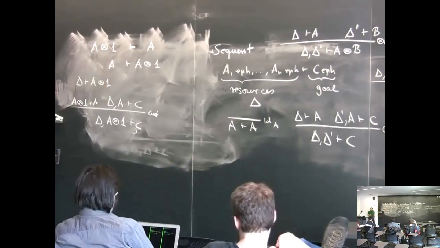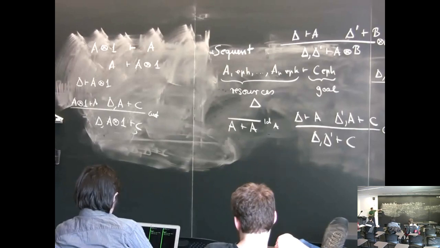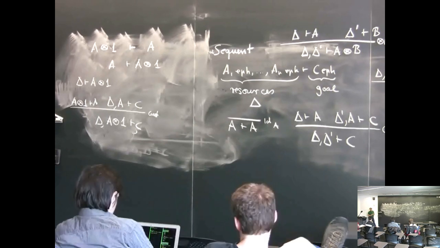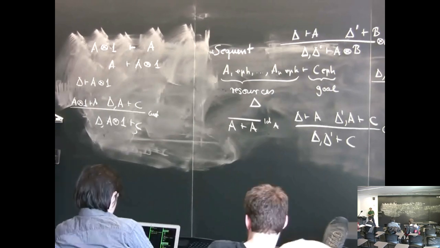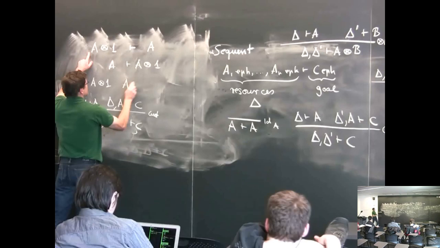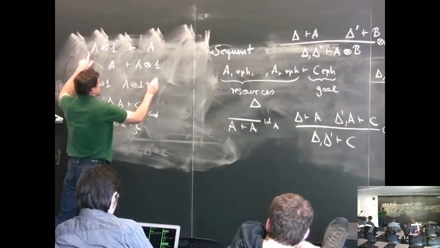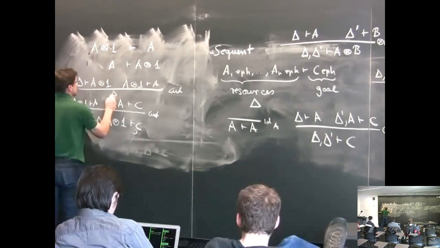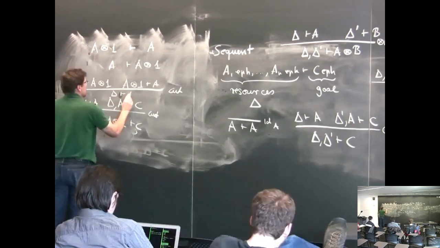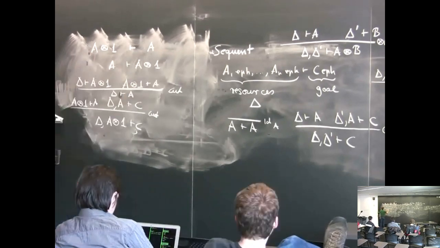How would I do that? It doesn't have to be directly among the premises. So how do I prove now that I could get A instead? Cut, exactly. See, there's cut. So we have A tensor 1 proves A. We use cut, and we get a proof of A.